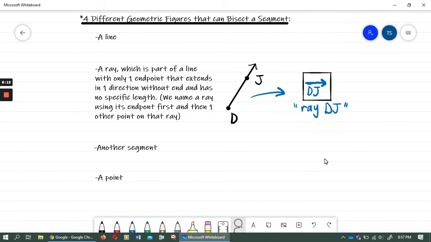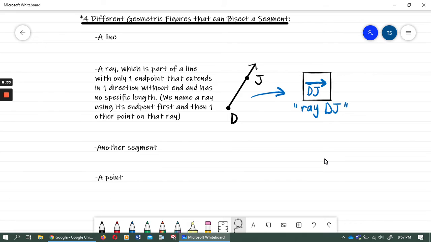Okay, so guys, I've already introduced to you and defined those other 3 terms, but some of you may not know what a ray is. And so we want to make sure that everybody knows what a ray is and bring you up to speed concerning that.